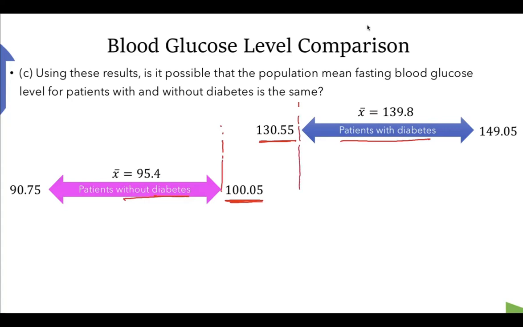There's no overlap. Now, the purpose of a confidence interval is to estimate where mu is, that mu is somewhere in that confidence interval.